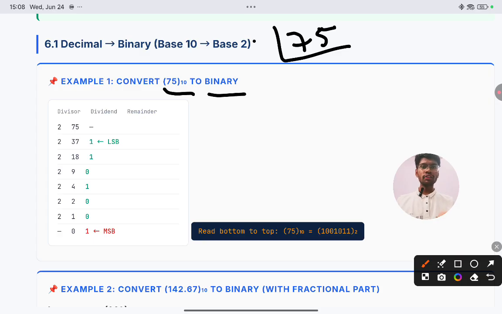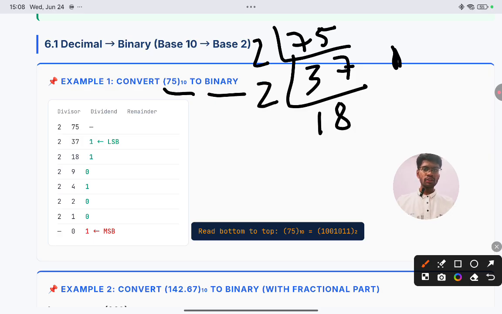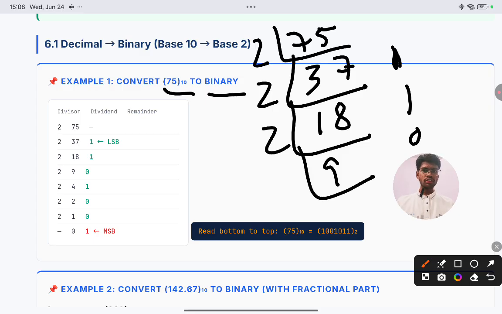Binary is base 2, so divide by 2. It will give you 37. 1 will be the remainder here, you write the remainder. Divide by 2, 18. 1 will be the remainder. 2, 9, 0 is the remainder. Then 2, that is 4.